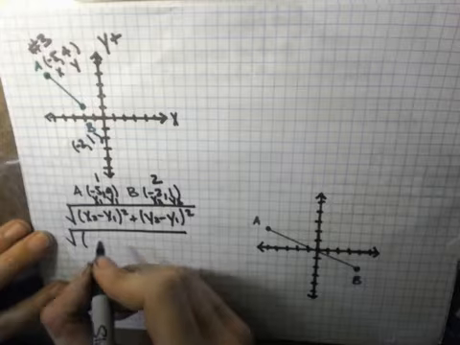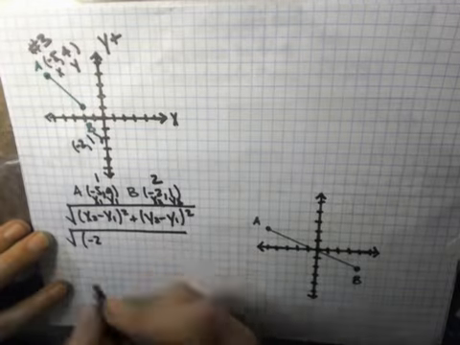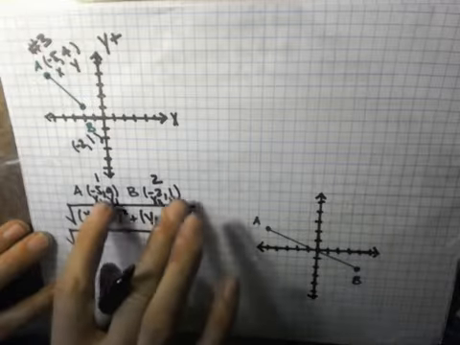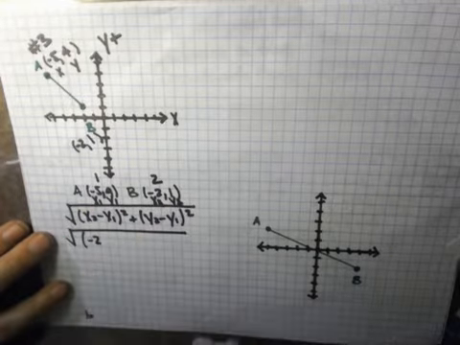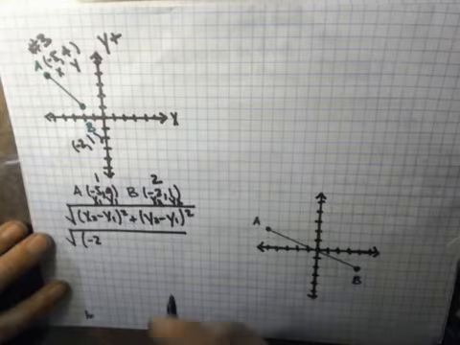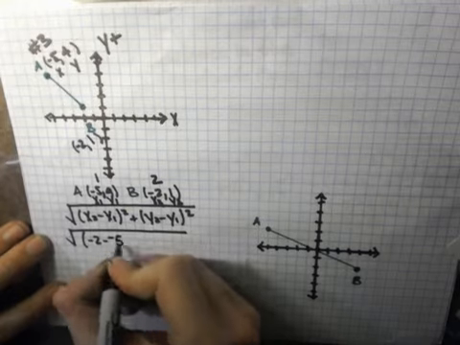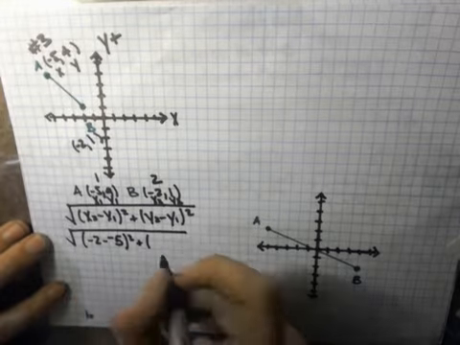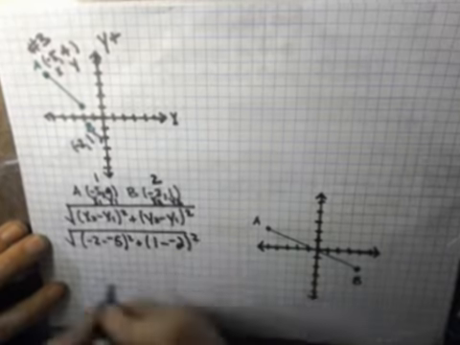Into this equation. So x sub 2, I have mapped as negative 2. And just know, like I said before, it doesn't matter what point you choose, you'll end up at the same answer as long as each point is just one point. Okay, so minus x sub 1, it's going to be minus negative 5, squared, plus y sub 2 will be 1 minus 2, squared.